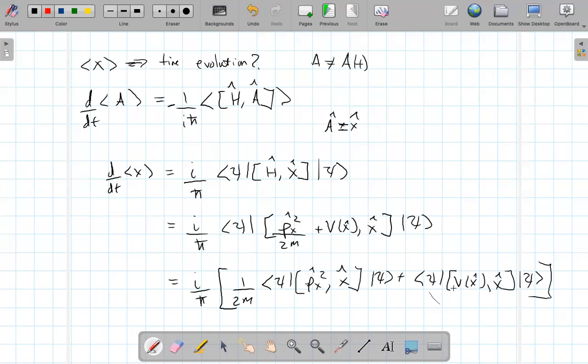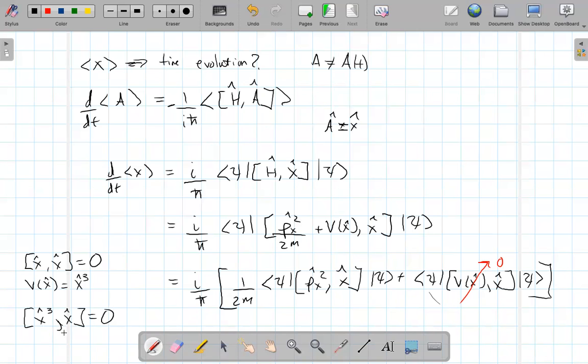Good. The reason for that is, remember, any operator automatically commutes with itself. Since the potential is some function of the position, whether it is something like x cubed or anything else, I'm going to get a commutation relation between x cubed and x.